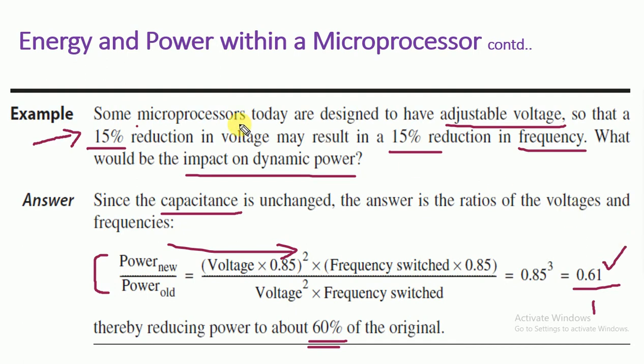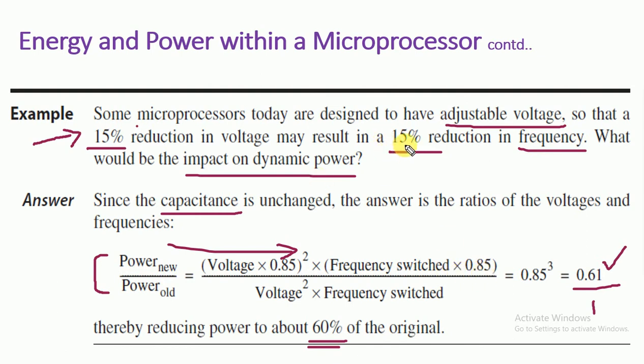So what is the assumption we are taking? The new system has adjustable voltage that is reduced by 15%. So automatically we have 0.85 voltage squared, and accordingly the number of times the switching happens is also reduced to 85%.